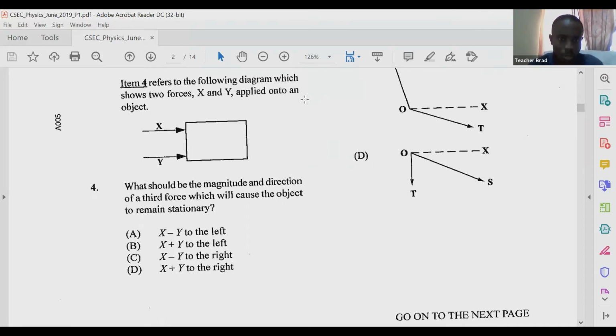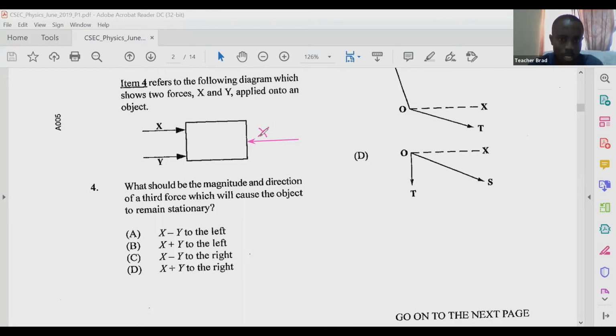All right, so these two forces are going to the right, X and Y. So the resultant of those two forces that will keep the box in place must be a force going to the left. If it's just one force that we're going to use, which is the resultant, it would have to be going to the left, and it would have to have the same magnitude.